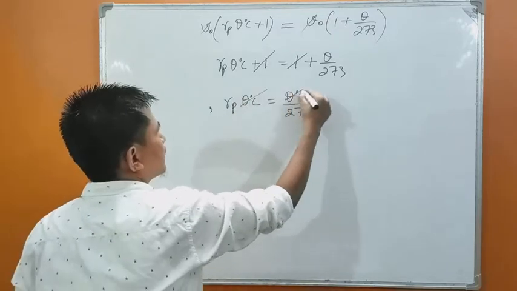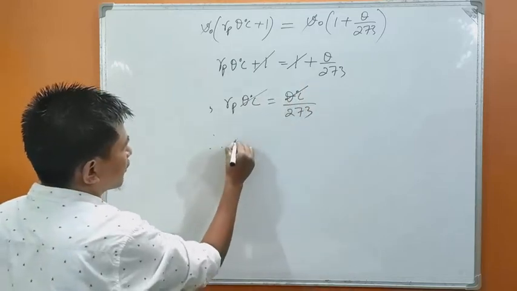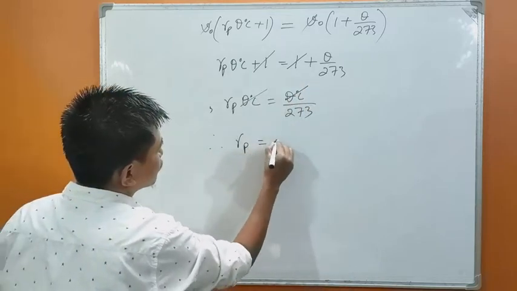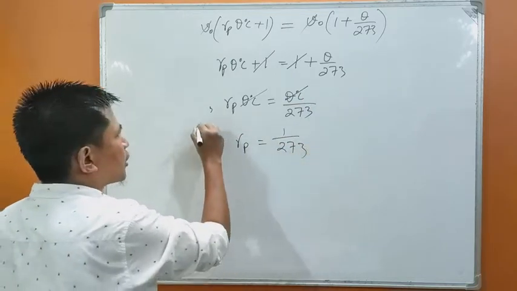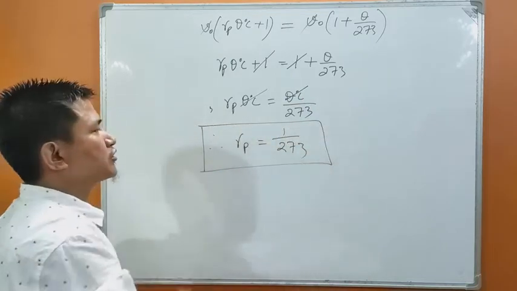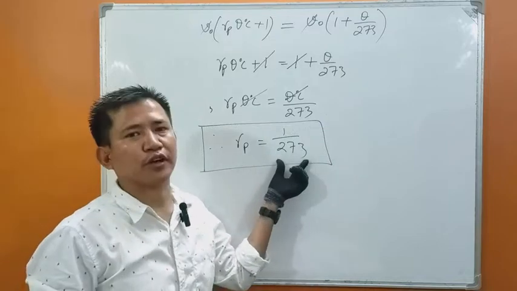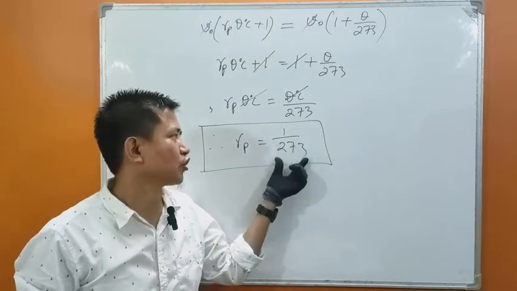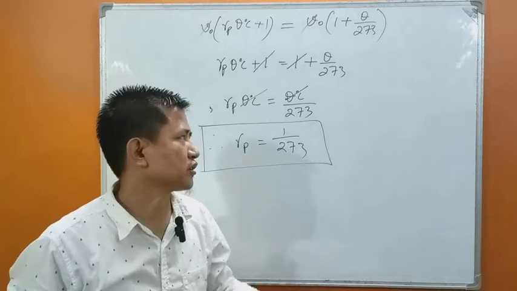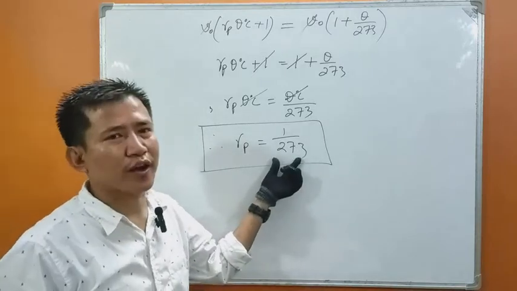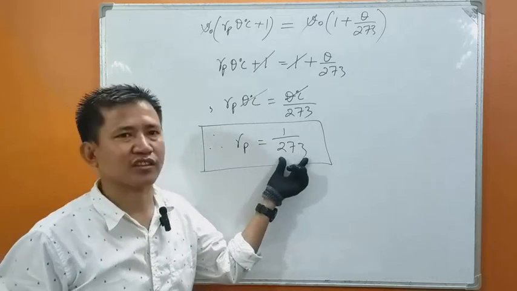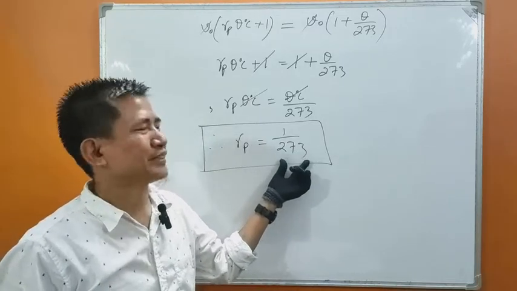Therefore we got gamma P equals 1 upon 273. This means the coefficient of volume expansion of gas is 1 upon 273. This is a constant number. Please keep this in mind.